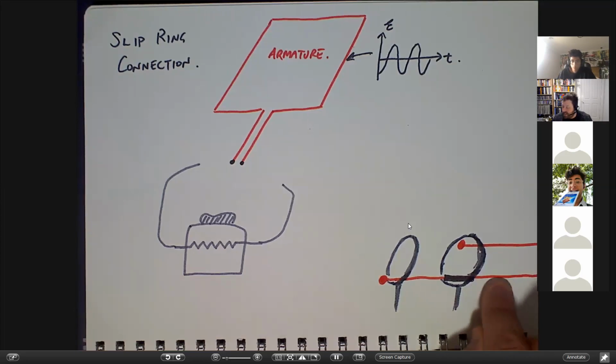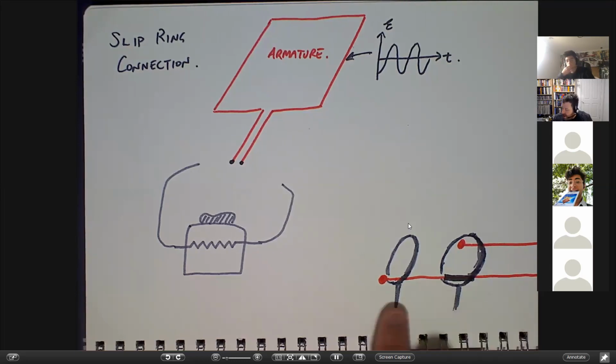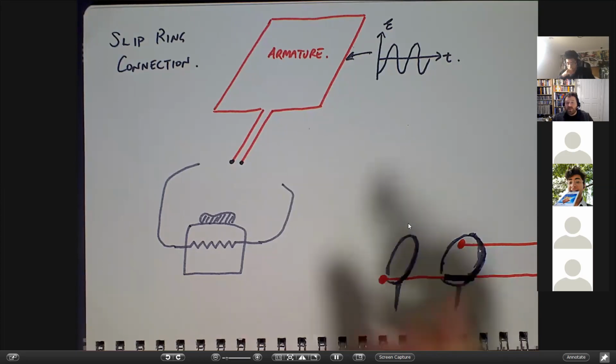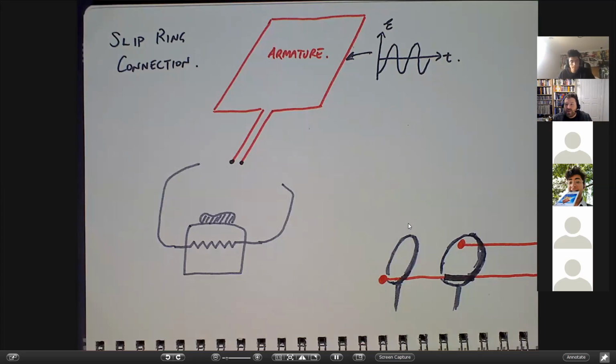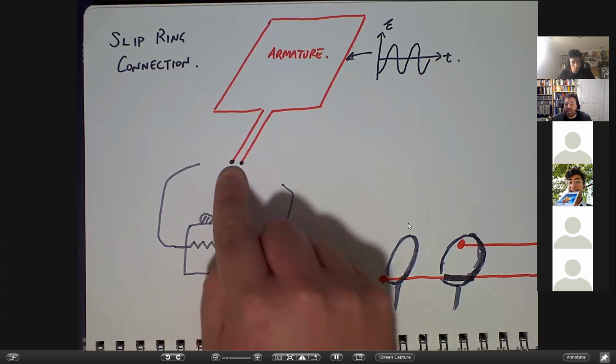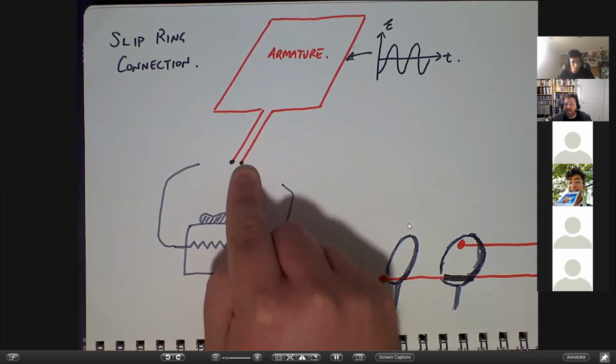This long one is not electrically in contact with this loop because it's insulated at that point, or you find other ways to stop them from touching each other, but it is always in contact with this loop. So this is equivalent to being able to just crocodile clip onto these things. We have one side of the circuit which is always connected to one of these terminals, and the other side of the circuit is always connected to the other of the terminals.